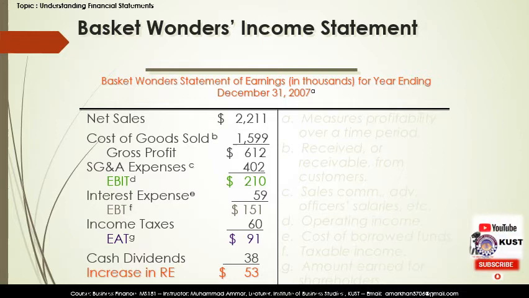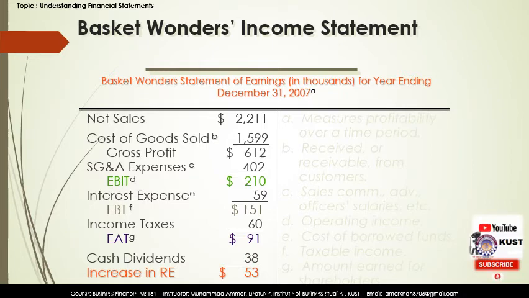They have given the net sales, cost of goods sold, gross profit, expenses, EBIT which stands for earnings before interest and tax, interest expense, EBT, earnings before tax, income taxes, then EAT, earnings after tax, cash dividend, increase in RE. So this shows the income statement of Basket Wonders.